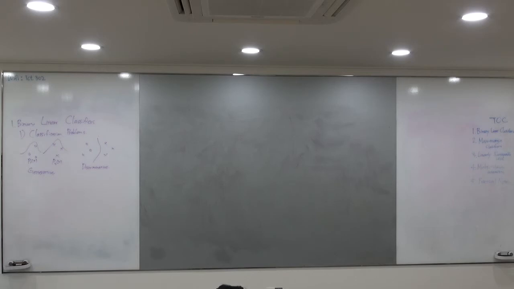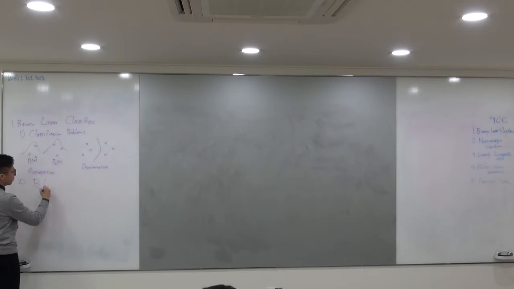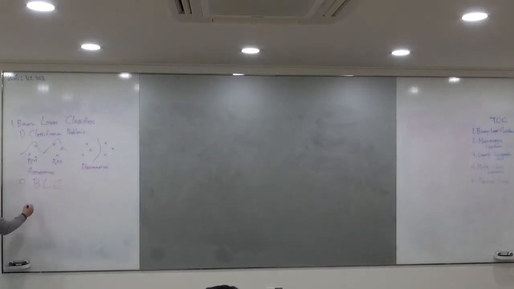Among the discriminative approaches, the simplest one would be binary linear classifiers, which means we simply learn linear boundaries between the samples, and we are assuming that there are only two categories of data. This is binary linear classification.